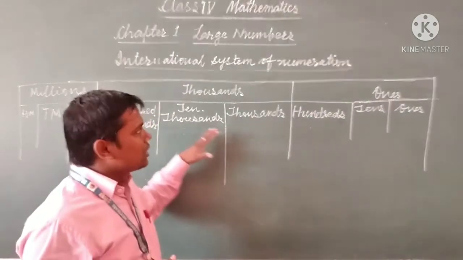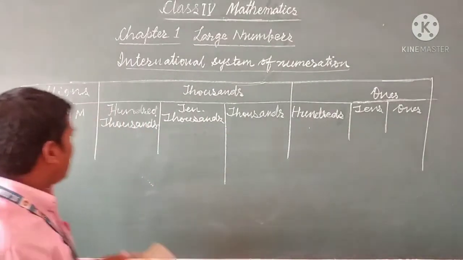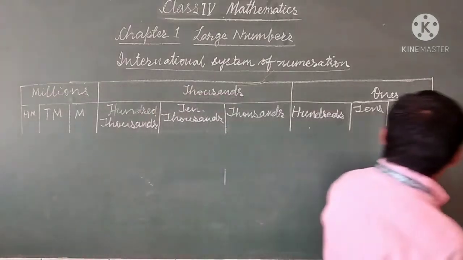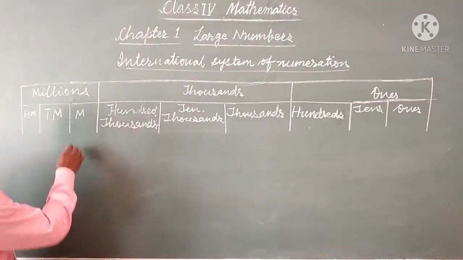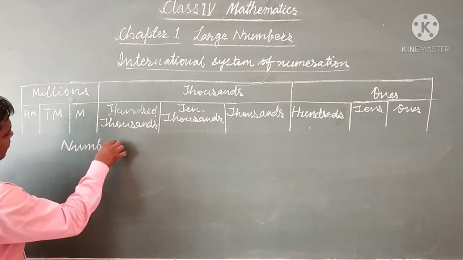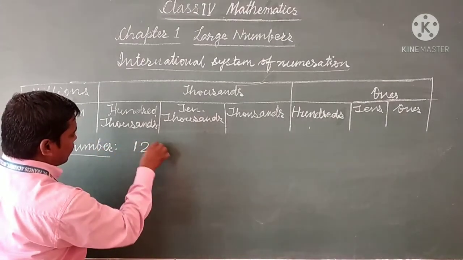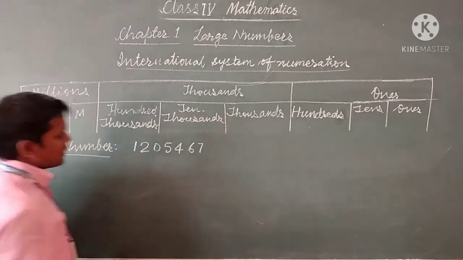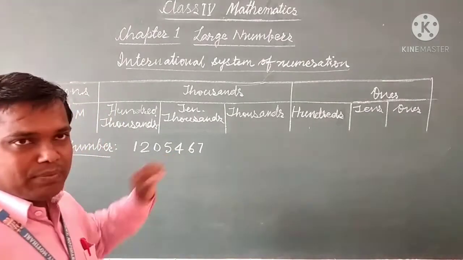Okay, so this is the international system of numeration, and how to write the name of the number in this, try to understand with the help of an example. I am taking a number. Suppose I have this number and I have to write its name.